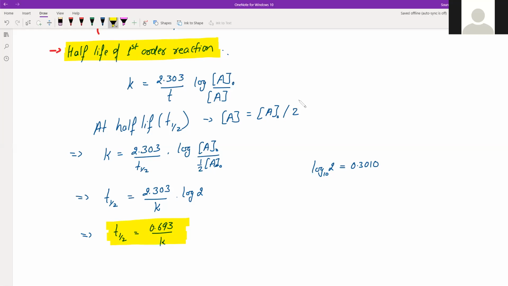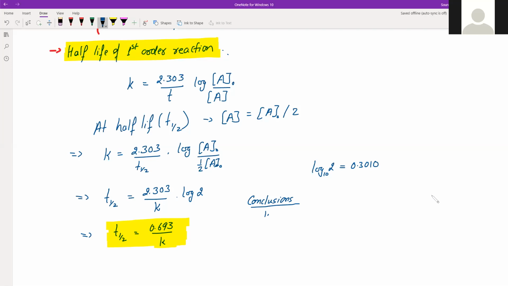Now you can see here this depends on K, and half-life of first order reaction does not depend on concentration of the reactants. So this is the half-life. What all conclusions we can make from this? Let's write them. Obviously, first one, the half-life of first order reaction is independent of initial concentration.